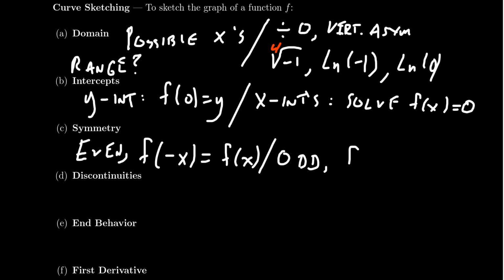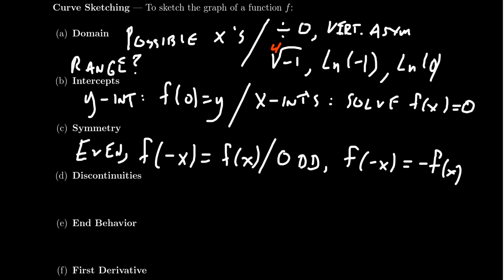Algebraically, we can test for symmetry by looking again at f of negative x, and we get negative f of x. The idea here is that reflecting the graph across the y-axis is the same thing as reflecting it across the x-axis.